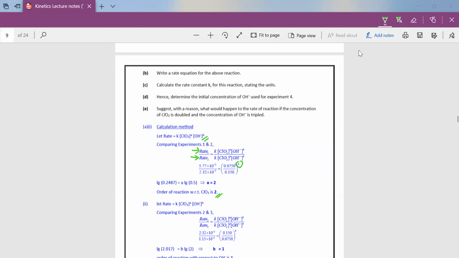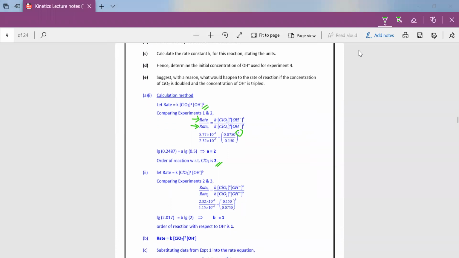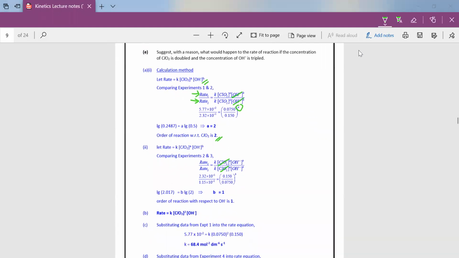Likewise, we're going to choose experiment 2 and 3 to help us to calculate, because then your ClO2 can be cancelled out, since it's kept constant. For the initial one, OH was kept constant and it was cancelled out. So we find that the order of reaction with respect to hydroxide is 1. So now we can write the overall rate equation.